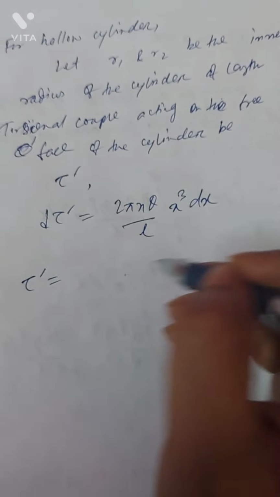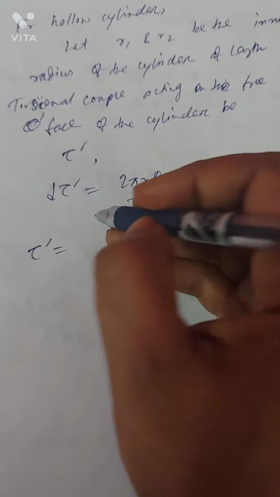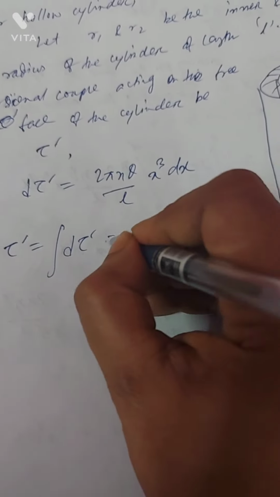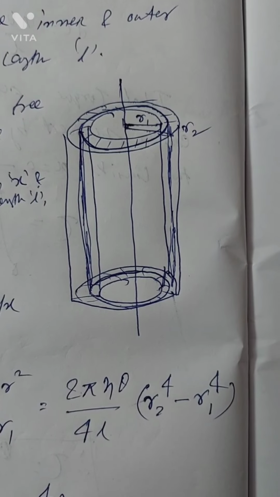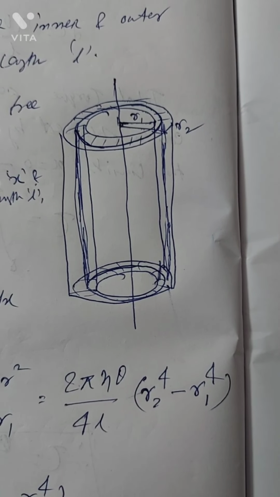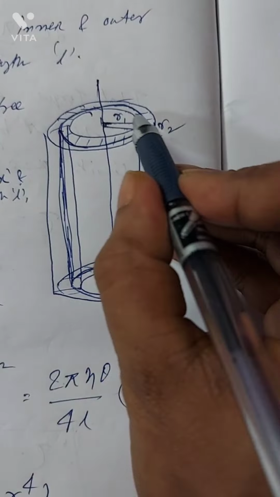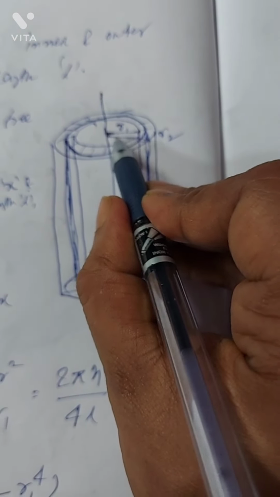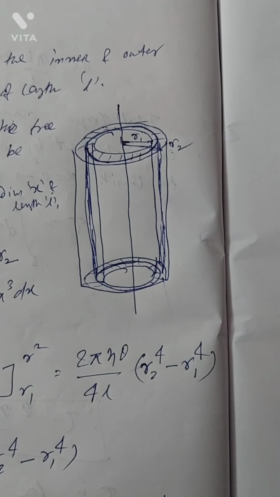For the hollow cylinder, this is the inner radius R1 and this is the outer radius R2.